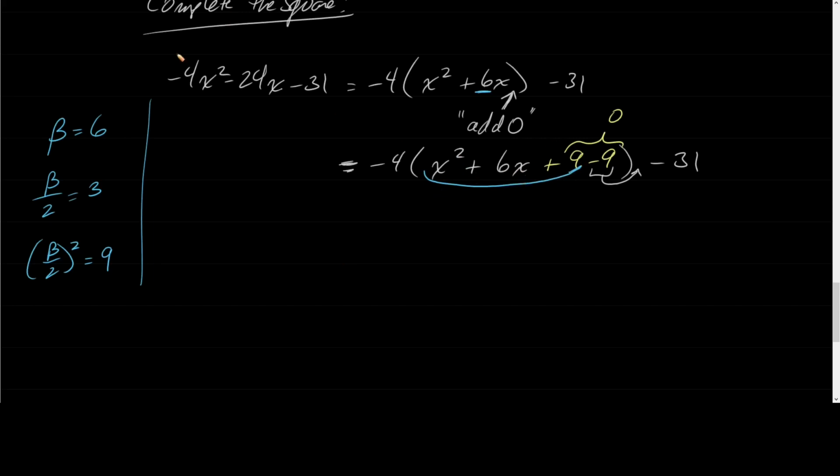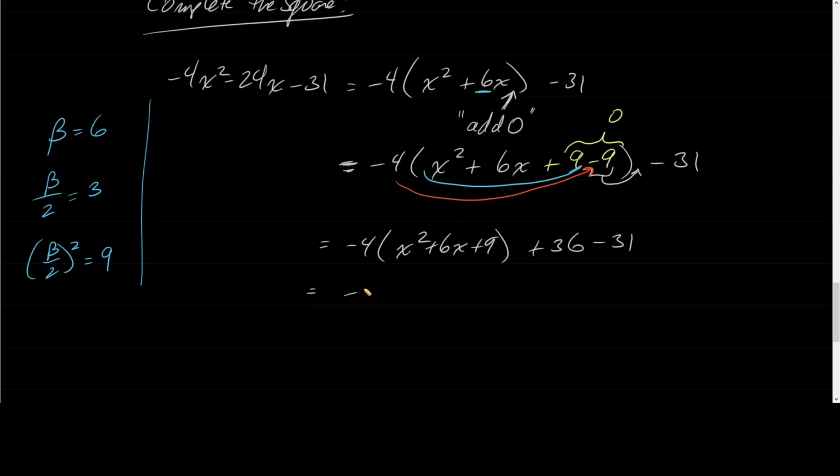That's why it's called completing the square. To take that negative 9 out, we're going to take that negative 4 in the front and distribute it to it, so that then I can take it out. We end up with negative 4 times x squared plus 6x plus 9. Negative 4 times negative 9 is positive 36, and then we have that minus 31.